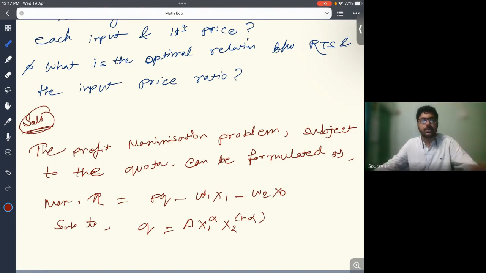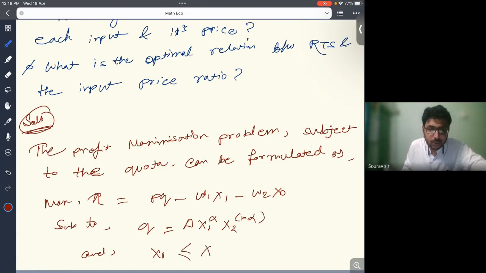Also, X1 is less than or equal to X1 to the power 0.